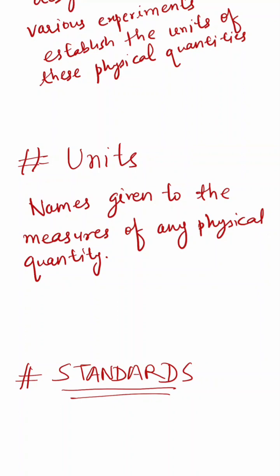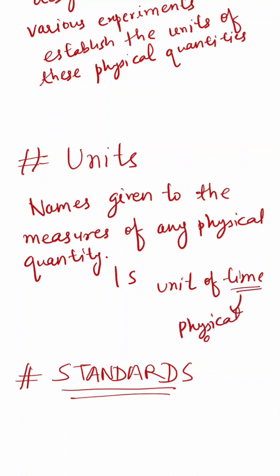So when we say that the time is, let us say, 1 second, that means this second is the unit of time in this case. Okay, where time is a physical quantity and second is the unit of time.